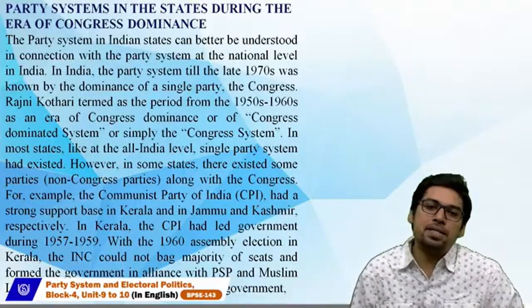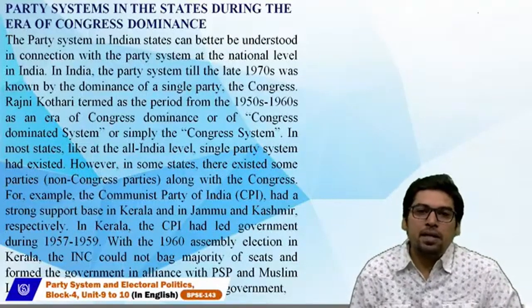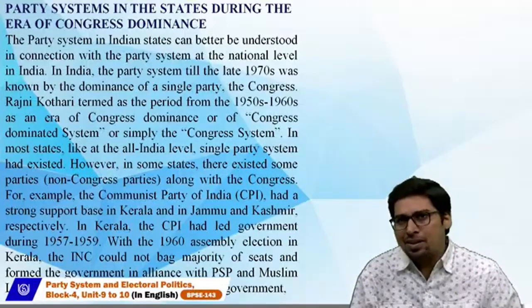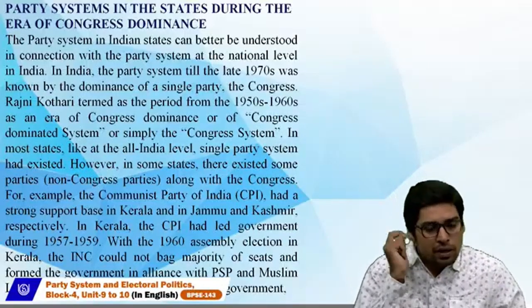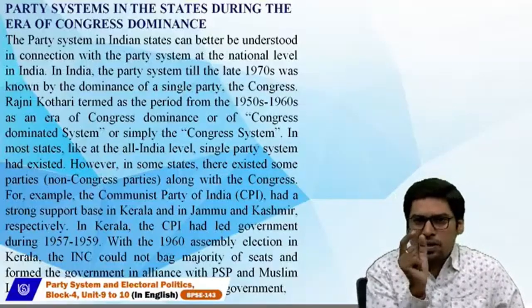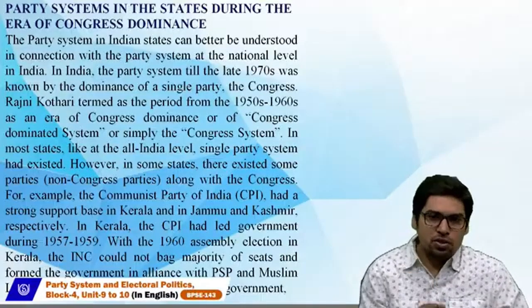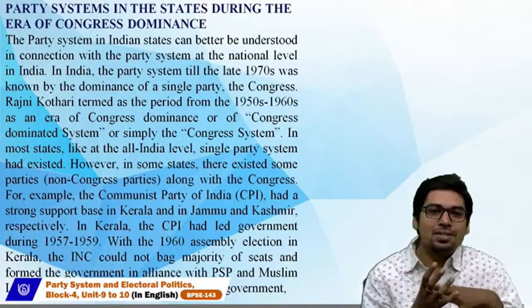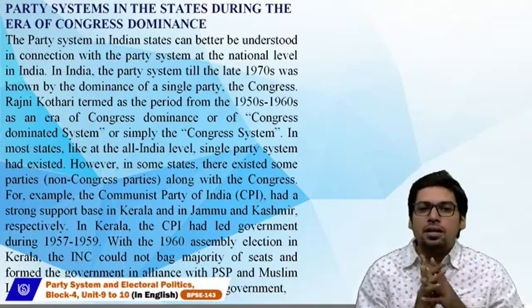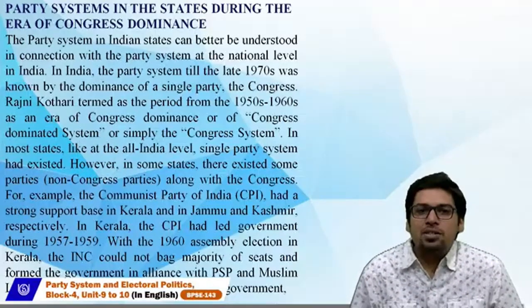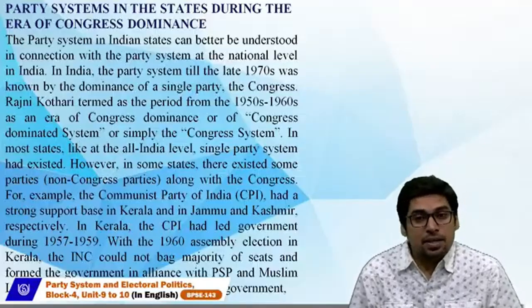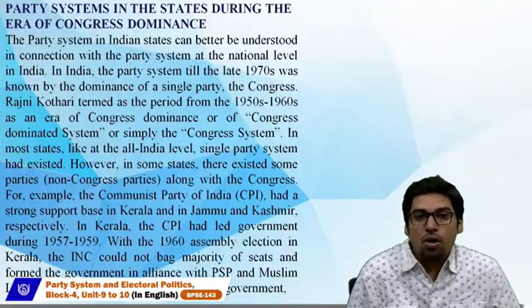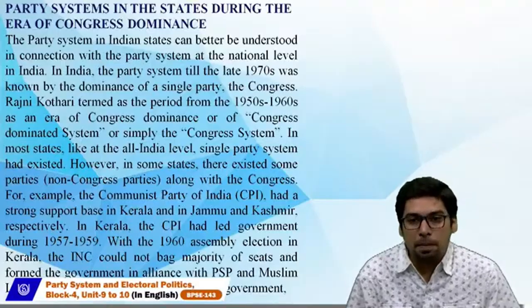After independence, the first phase was the Congress party system. Without Congress, you cannot read or understand the party system in India. In India, the party system till the 1970s was known for the dominance of a single party.